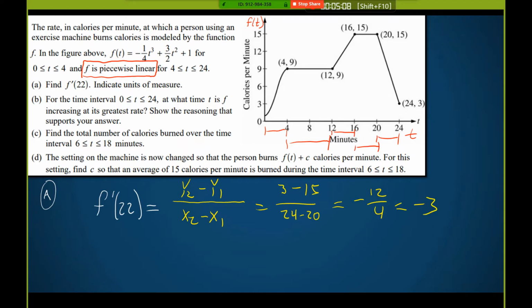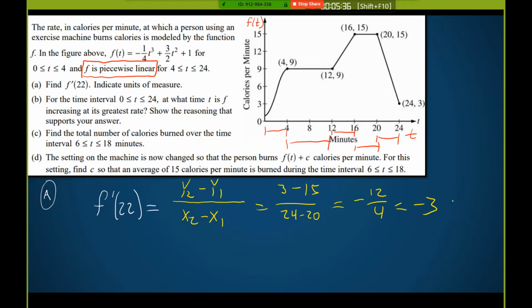And then what are my units? Calories per minute. So f of t is measured in calories per minute. So what should f prime of t be? Calories per minute squared.